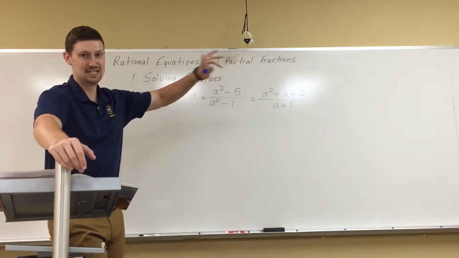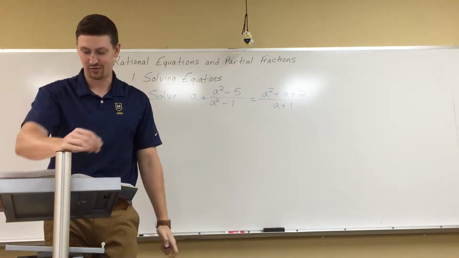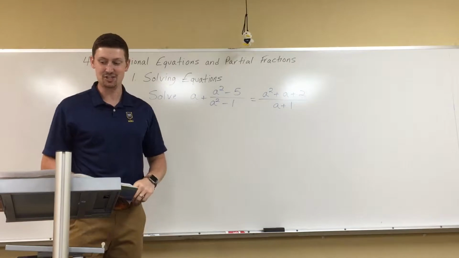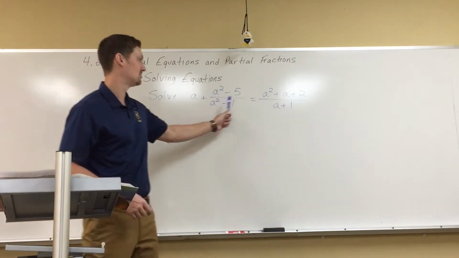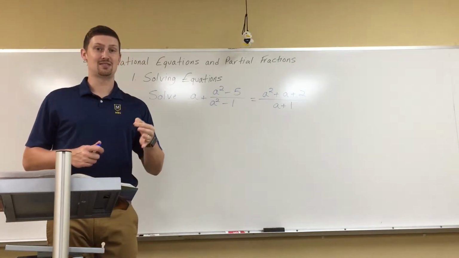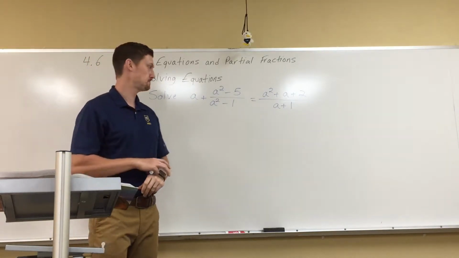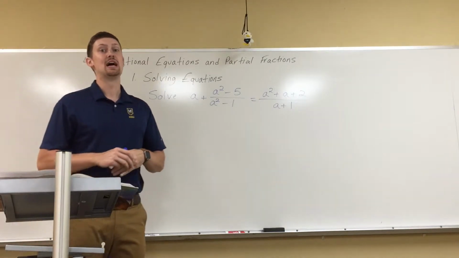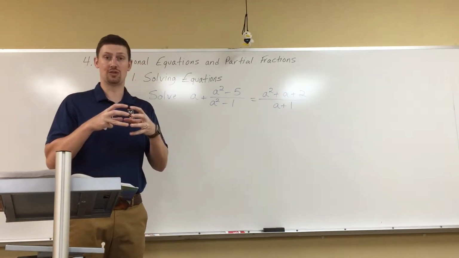How do we solve? Let's go back to our definition, read it. Hopefully it's in your notes now. One or more rational expressions are often solved by multiplying each side by the LCD. What's the LCD? The least common denominator. It has to include all of your denominators.